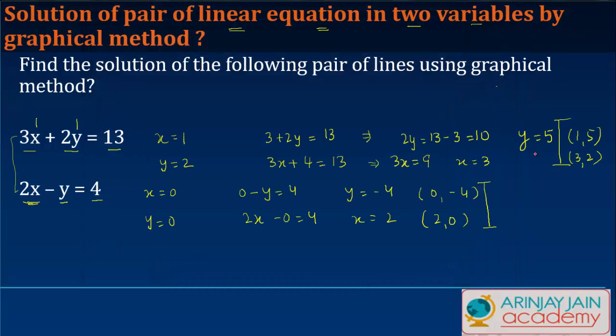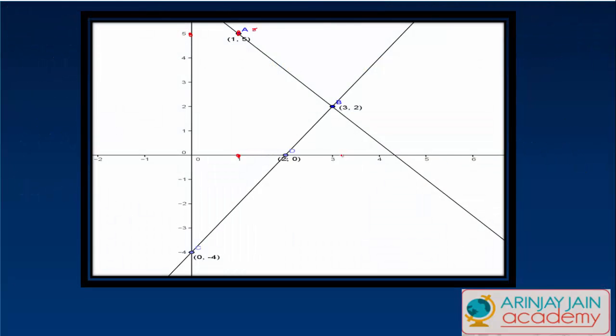The second one is 3, 2. X is equal to 3, y is equal to 2. So this B point comes in over here. Then I just connect A and B and draw a straight line like this, which is this particular line.